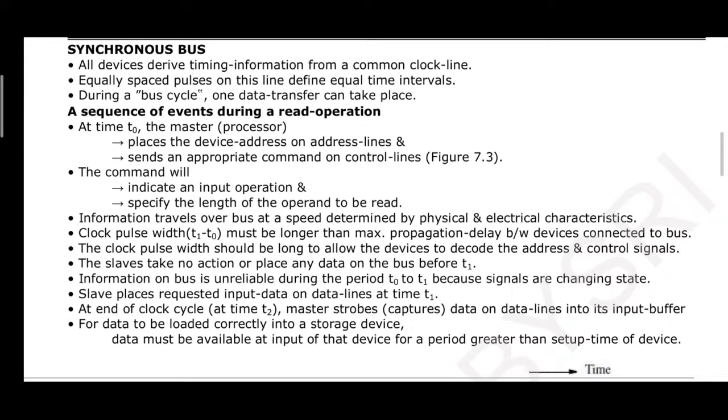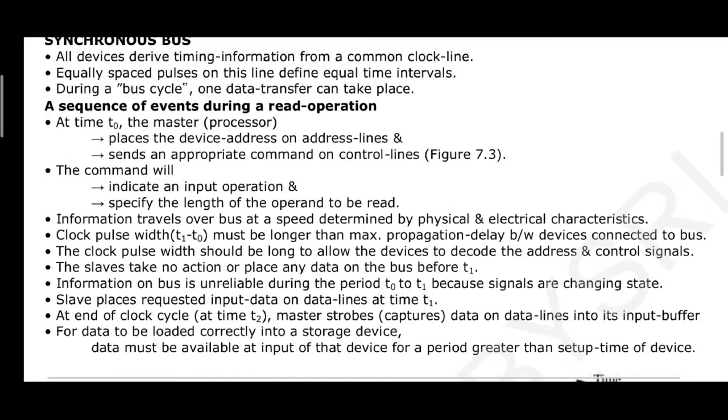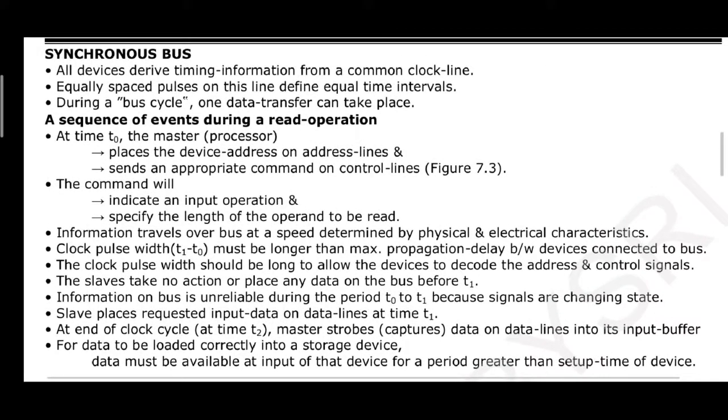All the devices derive timing information from a common clock signal, as I told you earlier. So a synchronous bus has the concept of a clock. Equally spaced pulses on this line define equal time intervals. During a bus cycle, one data transfer can take place.